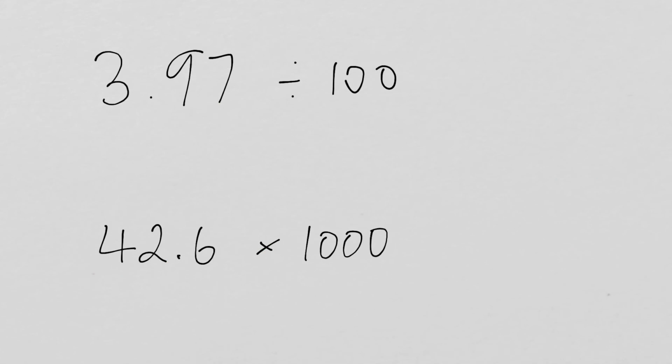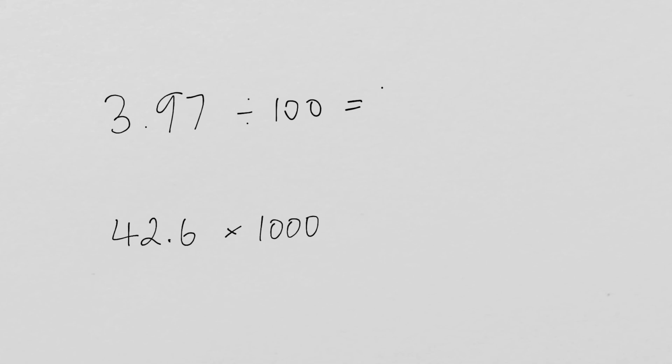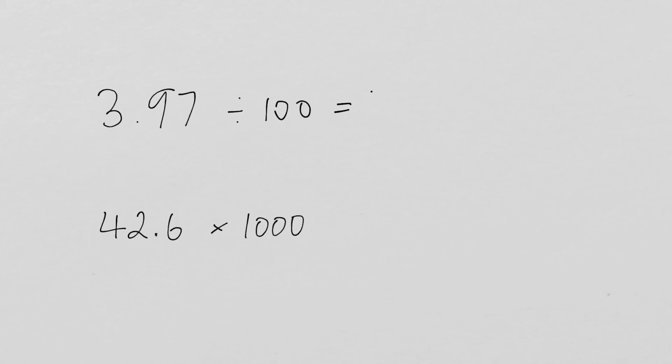So in a number like this, 3.97 divided by 100, well, what's it going to be? Well, I'll write my original number here. I'm going to leave a little bit of space. I'm going to write 3.97 here, like the original number. But it's going to divide, so it's going to move left or right? Well, it's going to move left on the divide. How many places? 2. It's going to move 2 places left.